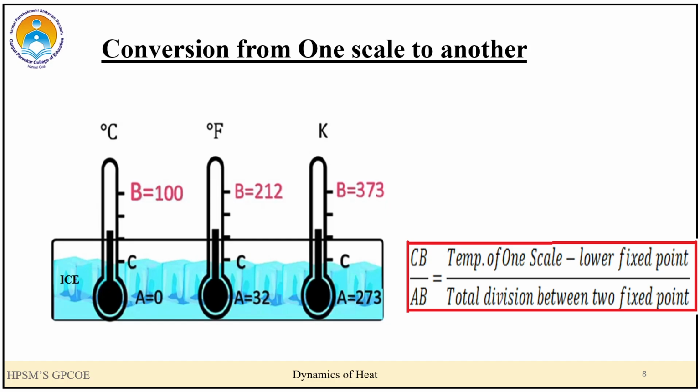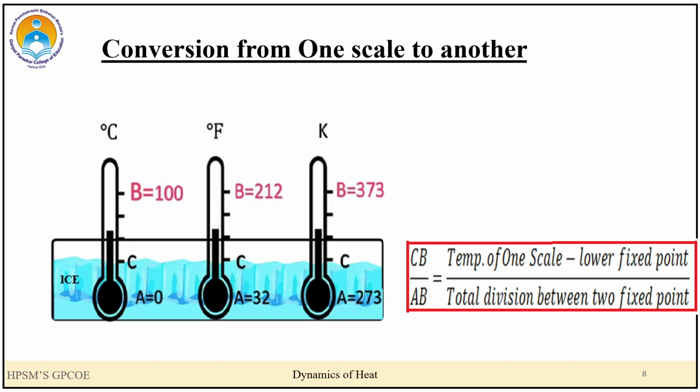So consider one container. In this container an ice bath is used, and three different thermometers are inserted. As the temperature rises, on the three different thermometers we get three different values, that is A, B and C. A is the lower fixed point, B is the upper fixed point, and C is the reading between the two points, that is AB.